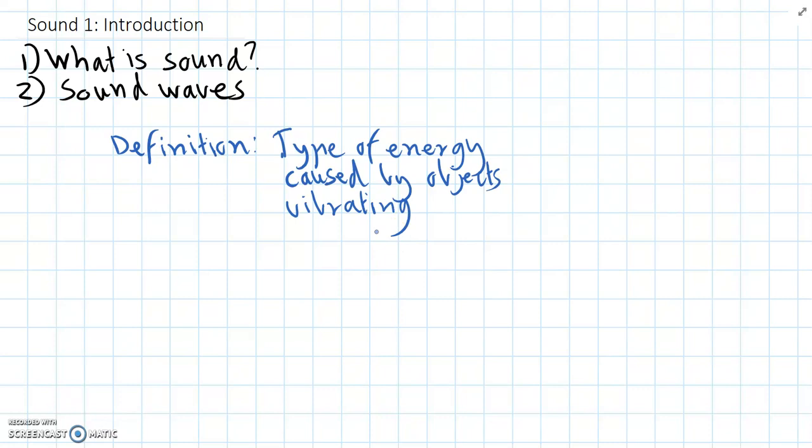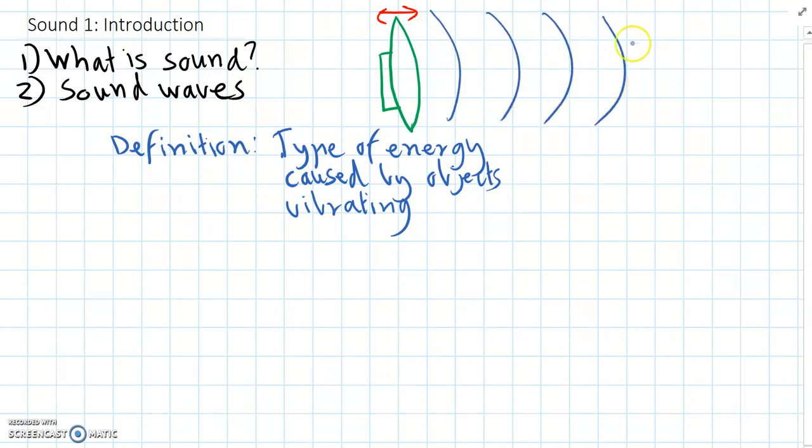And lots of different objects vibrate to make sound. One of the most common ones is a speaker. So there's a part inside the speaker that vibrates back and forwards, and it causes waves of sound to move away from it, away from the speaker.